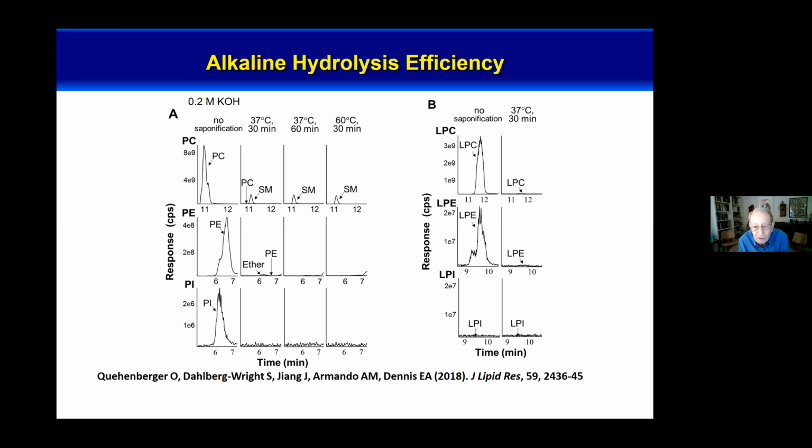I'm not going to talk about how we do that, because others have. Shown on the left at the top is PC, second is PE, and third down is PI, with no base hydrolysis. There's the peak for this phospholipid in a mixture.